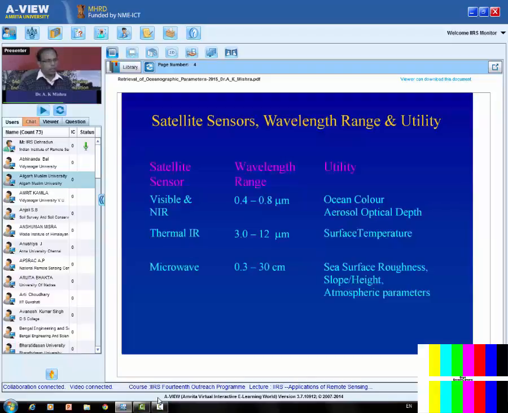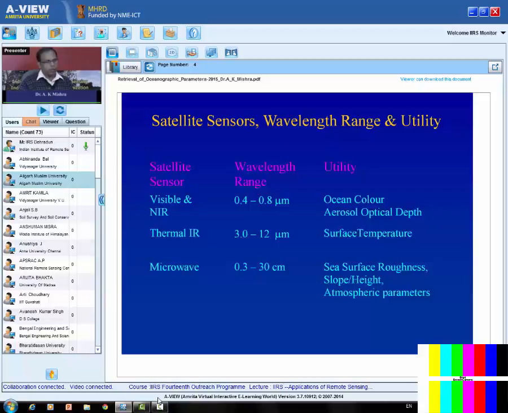These are the satellite sensors, wavelength range and their utility. First is visible and near infrared sensor, whose wavelength range is 0.4 to 0.8 micrometer, and utility is to retrieve the ocean color and aerosol optical depth over the atmosphere, which is a byproduct.